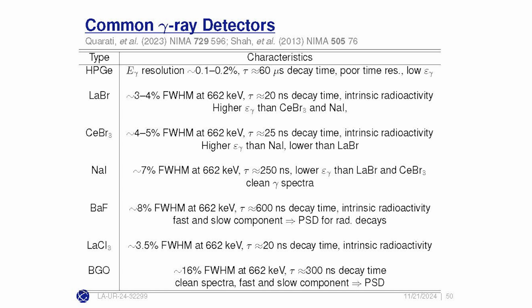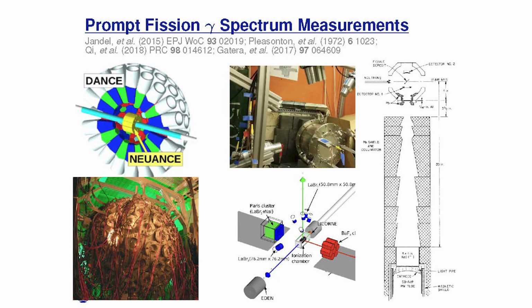This can be really useful for understanding how your detector gain is drifting as a function of time, because if you can PSD gate on these radioactive components, you can see how they shift, and you can recalibrate all of your spectra based on that. So it's another thing that's a blessing and a curse, and something to consider in your choice of gamma detector.